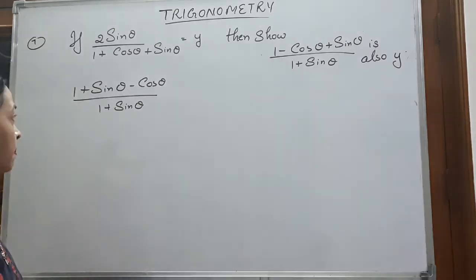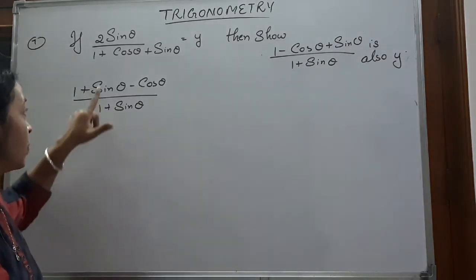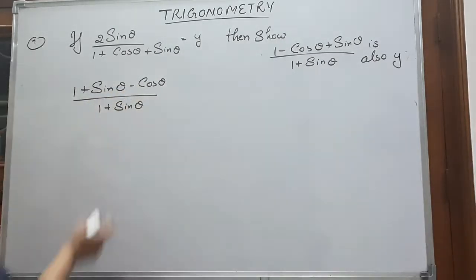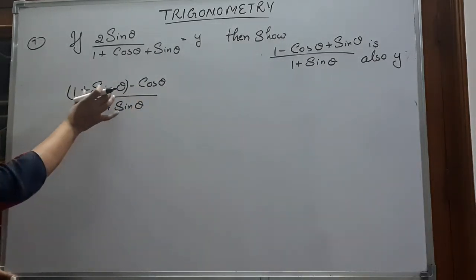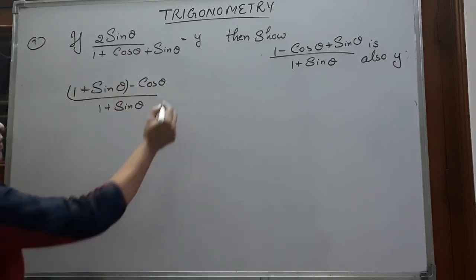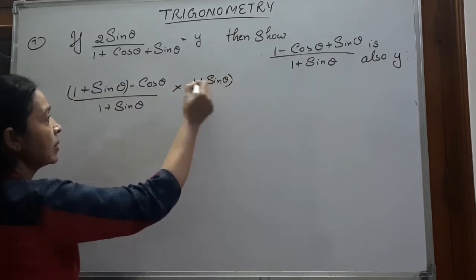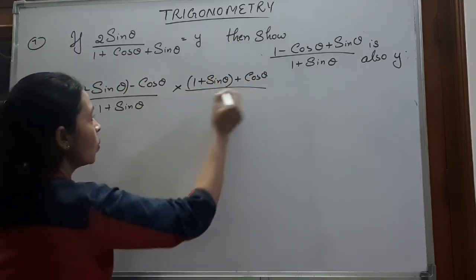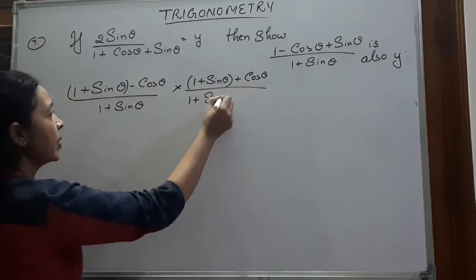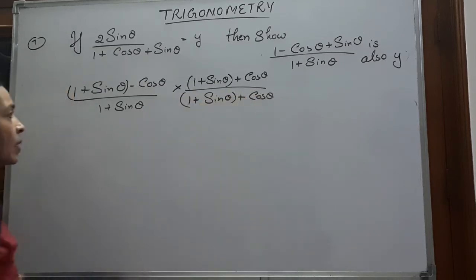So what we will do? We will rationalize it. But in the denominator we have only 1 plus sin theta. We will rationalize it with the numerator. Here if we take this term 1 plus sin theta as a and this as b, we will rationalize it with 1 plus sin theta plus cos theta.